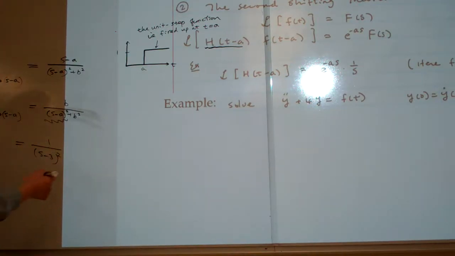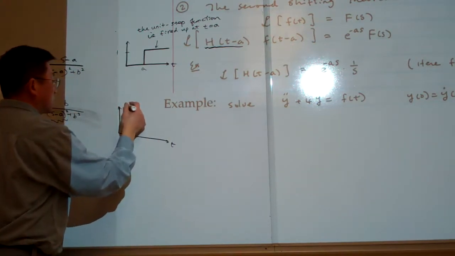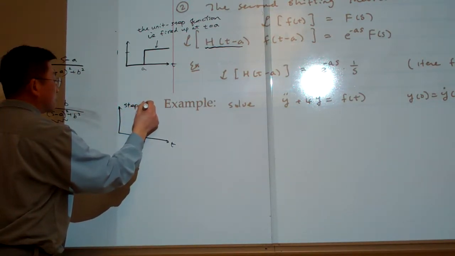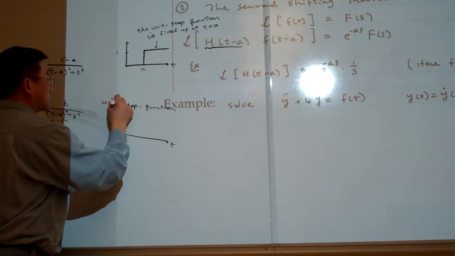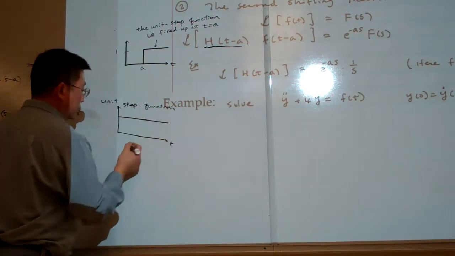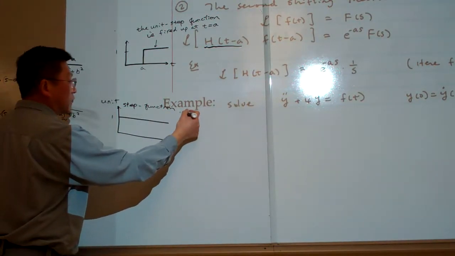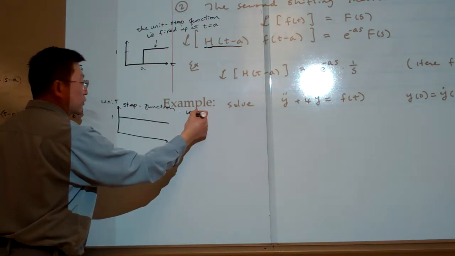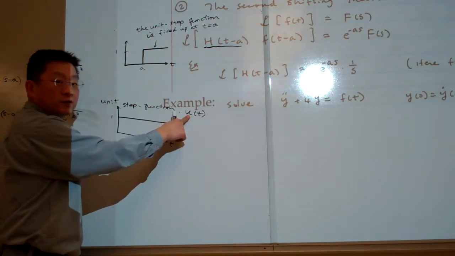Okay. So for example, if we have the general step function, I would say the unit step function is like this, starting from 0. Usually in many textbooks, the unit step function is simply written u(t), meaning unit step function.